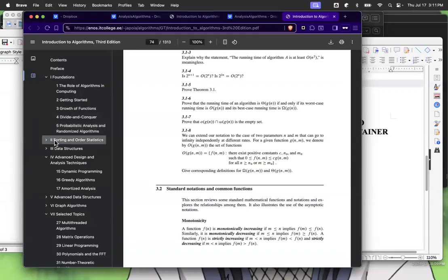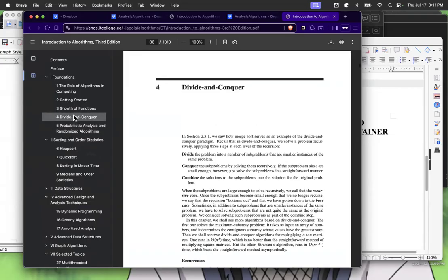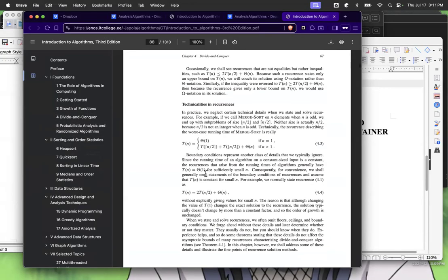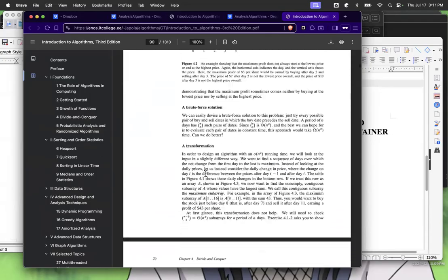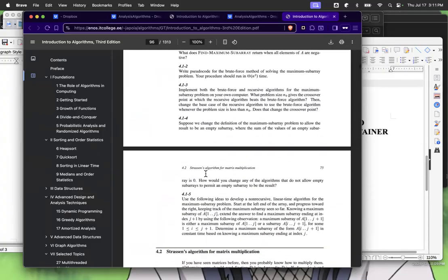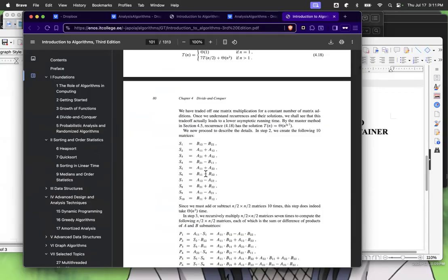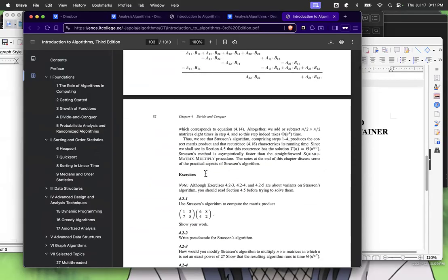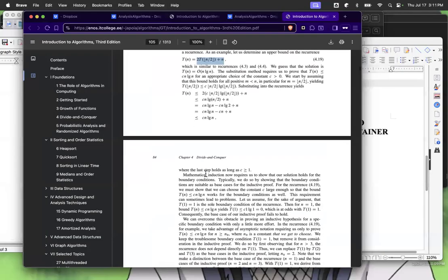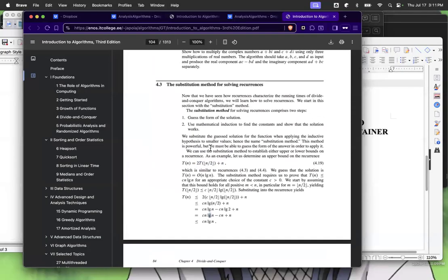So let's see. Right here we have a recurrence relation.